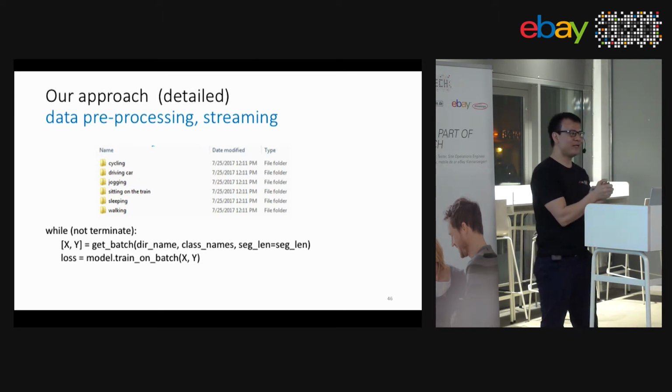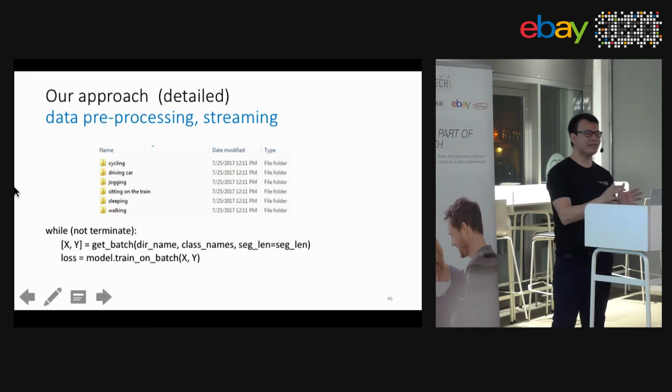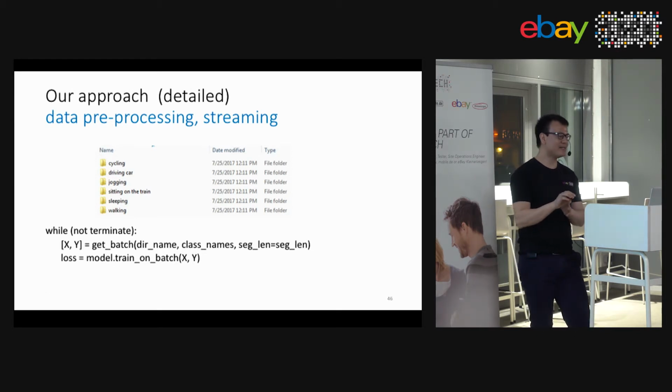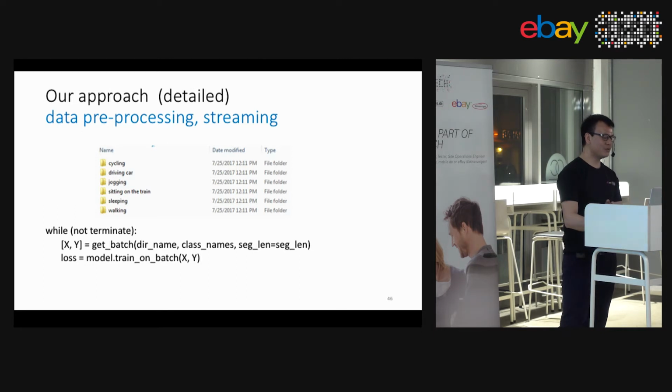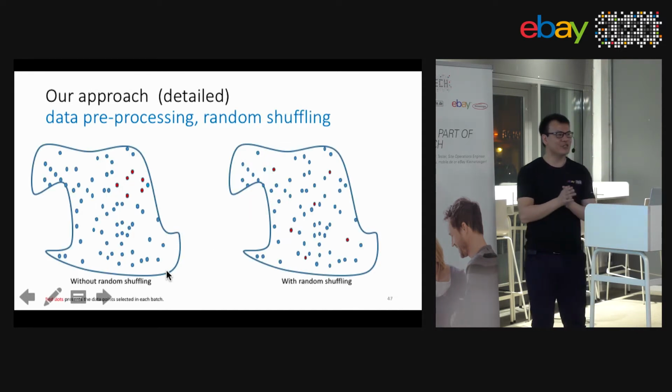So I need to store my data on a disk, and then read my data into memory in a streaming way, and then train my model batch by batch. This is the reason why we do streaming. Clear? Okay.